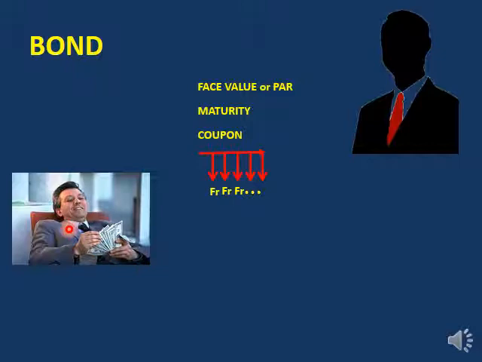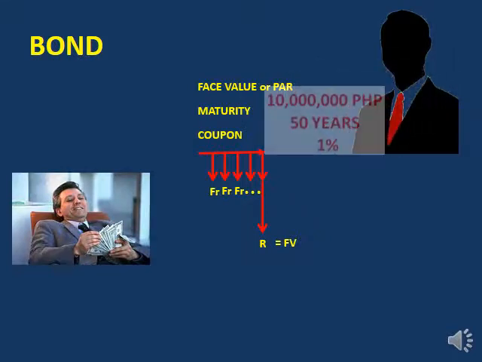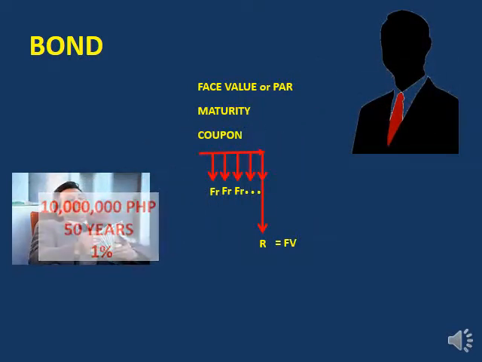So assuming that I redeem the bond equivalent to the amount of the par, I give the investor the 10 million pesos and the investor returned to me the bond. So the redemption price is equal to the face value of the bond if there is no stipulation attached to the bond.